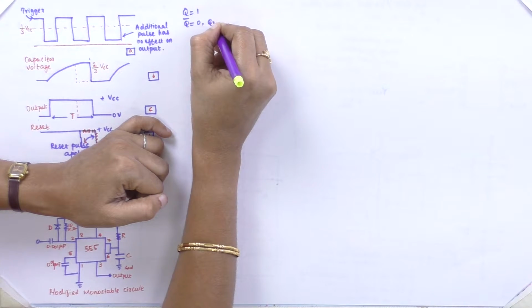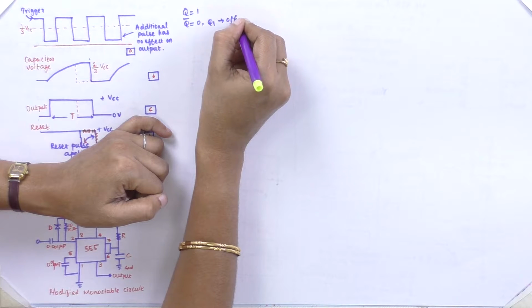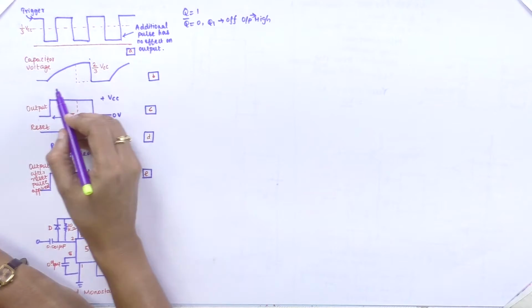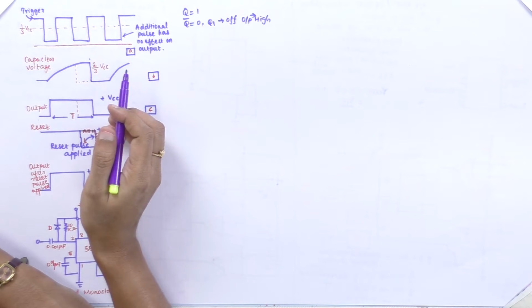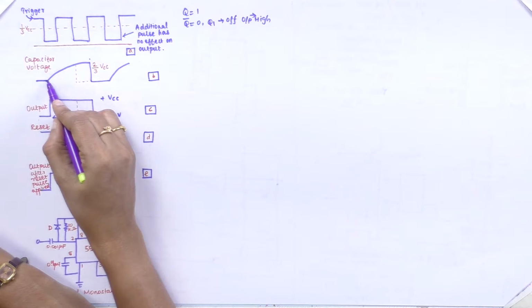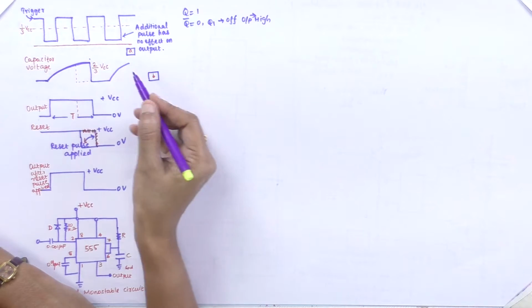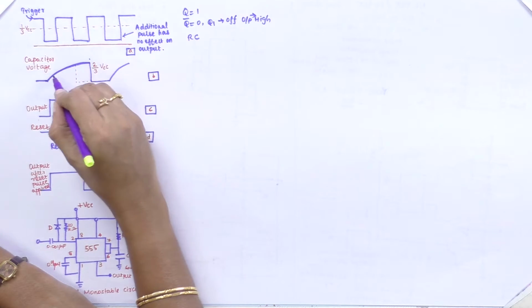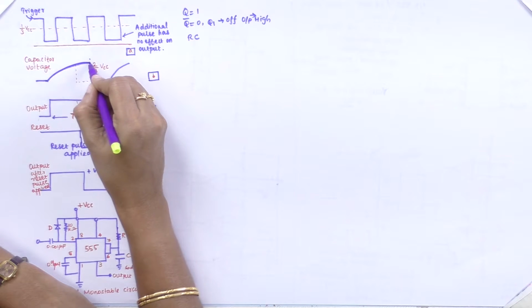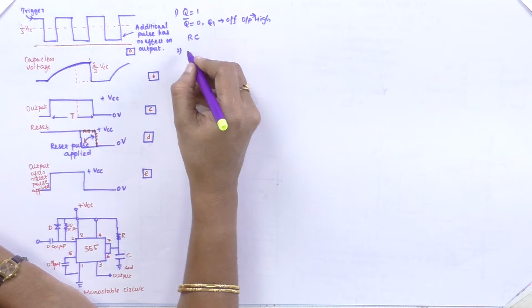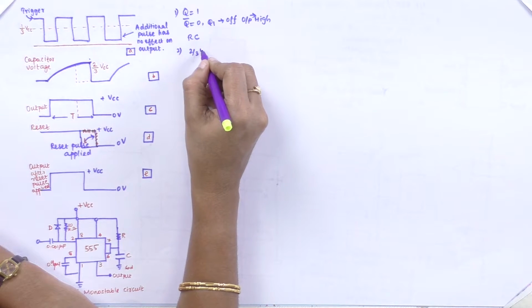This makes your Q1 transistor off and the output high. So it makes your capacitor a short circuit, and it grows exponentially based on the time constant RC.